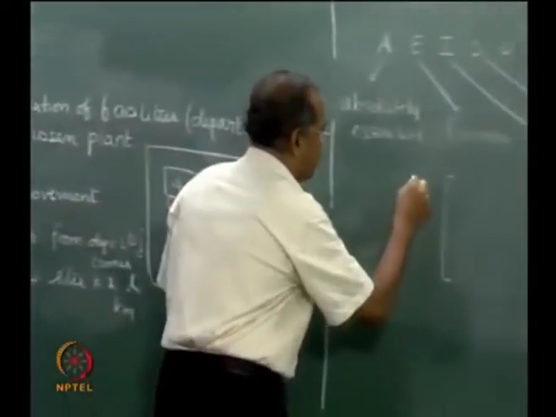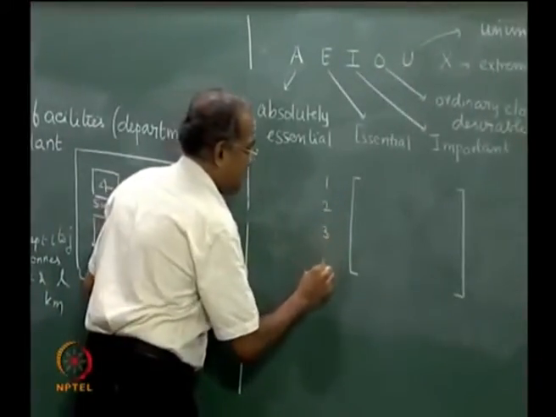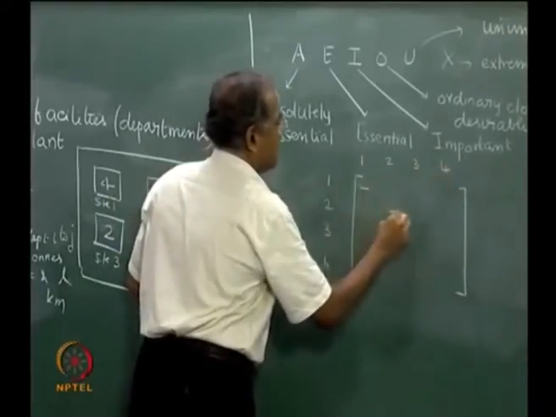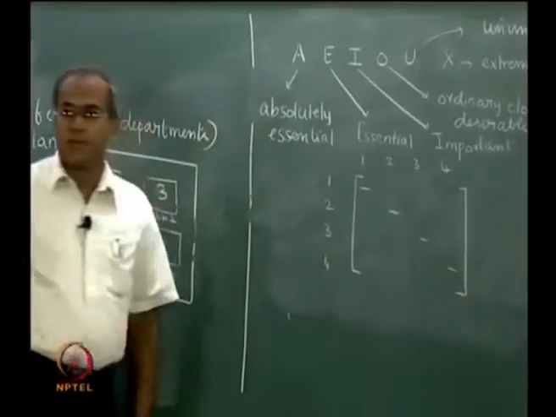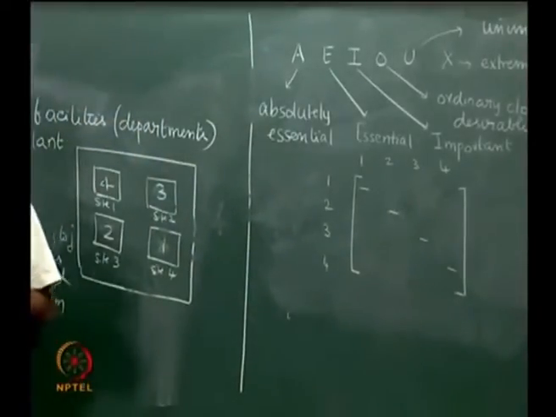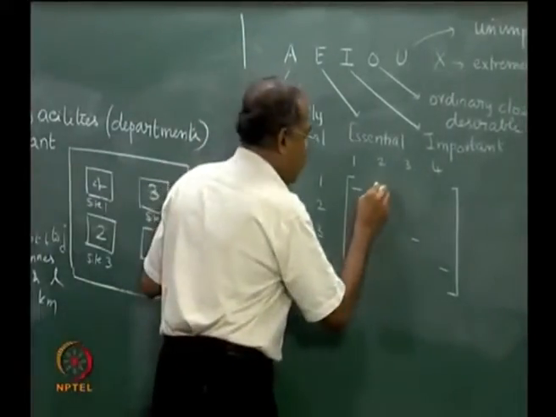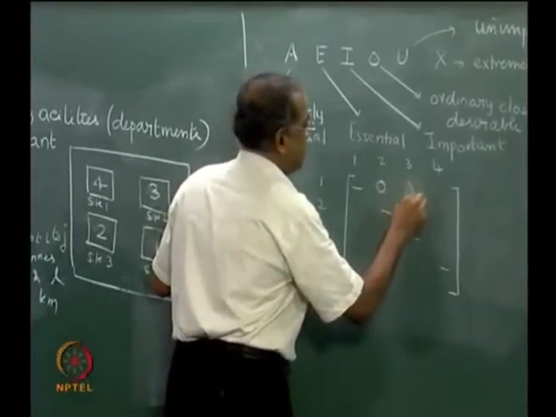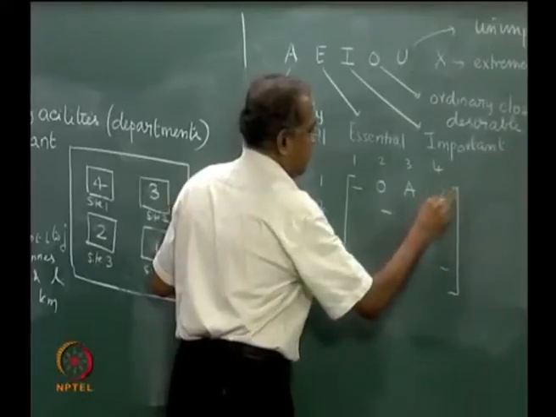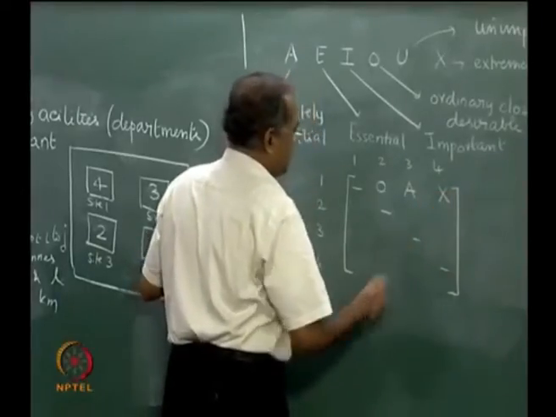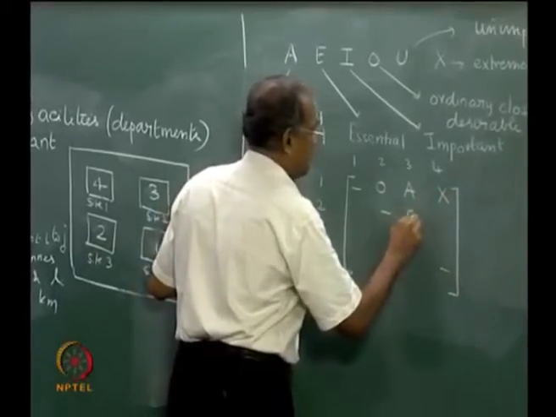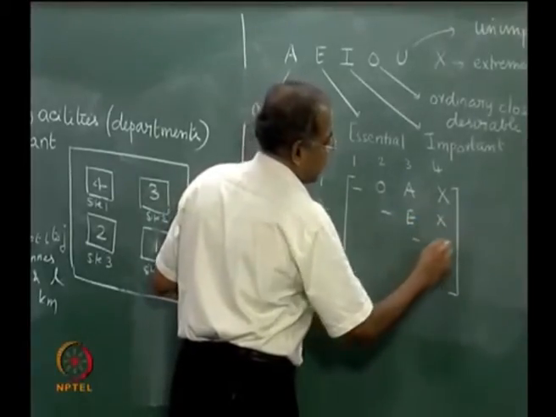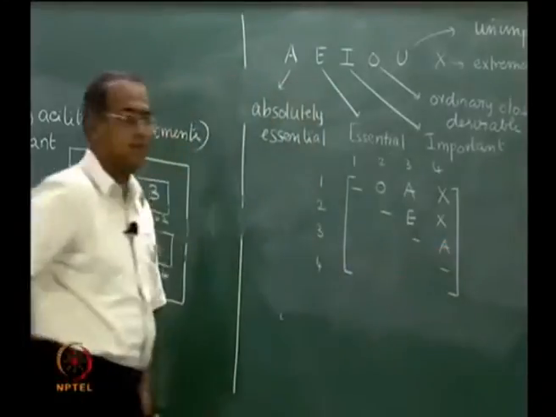For example, we would have 4 departments 1, 2, 3, 4, 1, 2, 3, 4. Now, somebody might fill an O here, somebody might fill an A here, somebody might fill an X here, somebody might fill an E here, somebody might fill an X here, somebody might fill an A here.